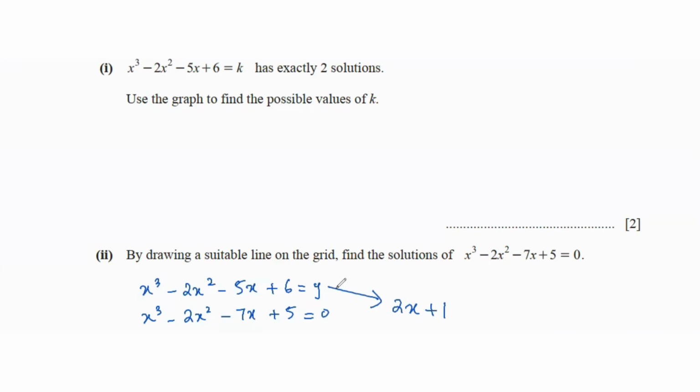Yeah, y must have been put equal to 2x plus 1, because if we move 2x plus 1 to the left-hand side, negative 5x minus 2x is negative 7x, and 6 minus 1 would be 5. So that means we have to draw the line for y equals 2x plus 1 on the grid, and then see what the intersection points are between the cubic graph and this line.